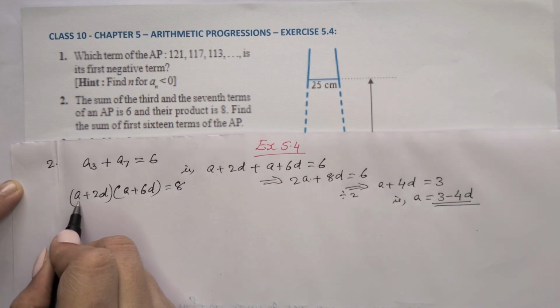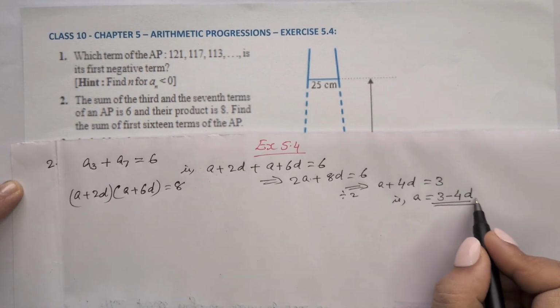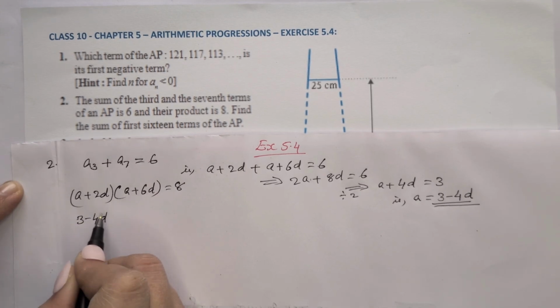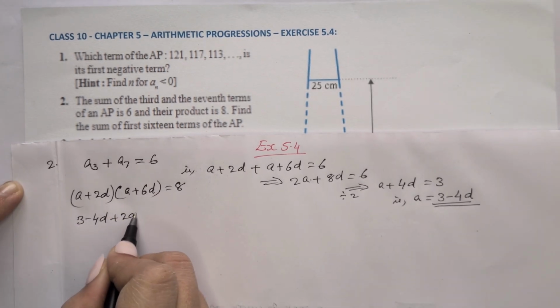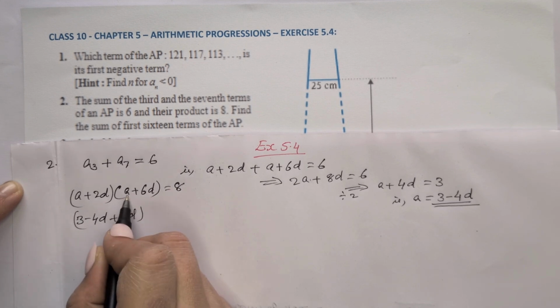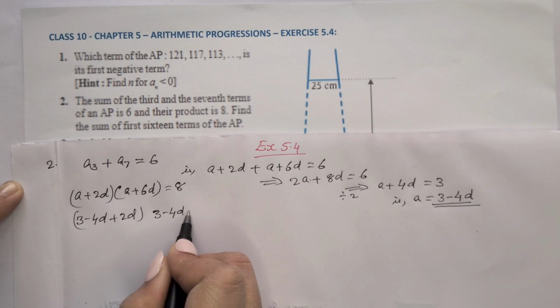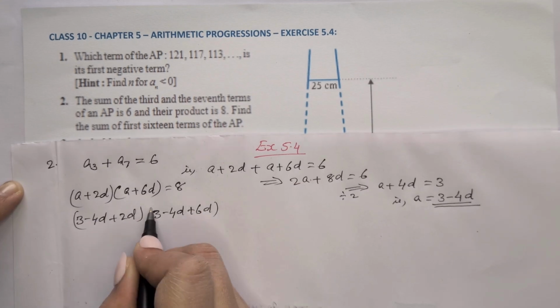Now we are going to replace this a by 3 minus 4d. So we can write 3 minus 4d plus 2d in the first bracket. In the second bracket, in place of a, 3 minus 4d plus 6d.